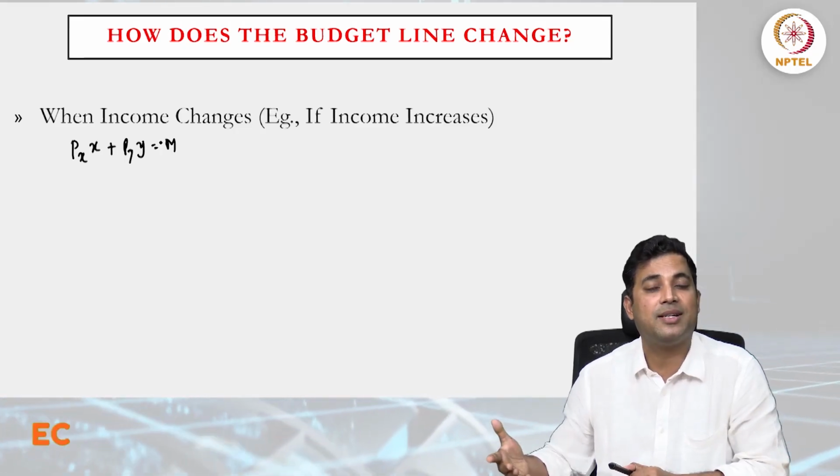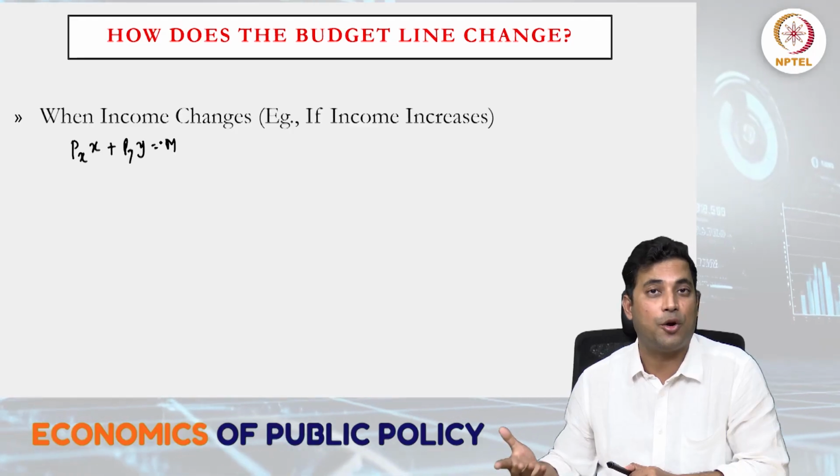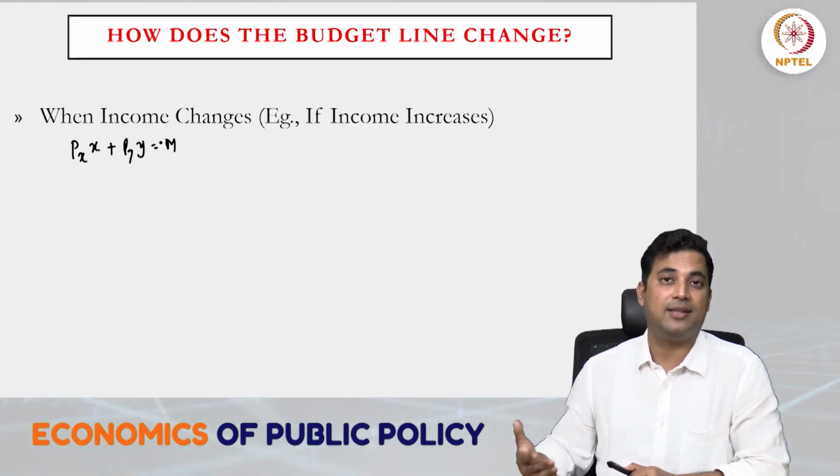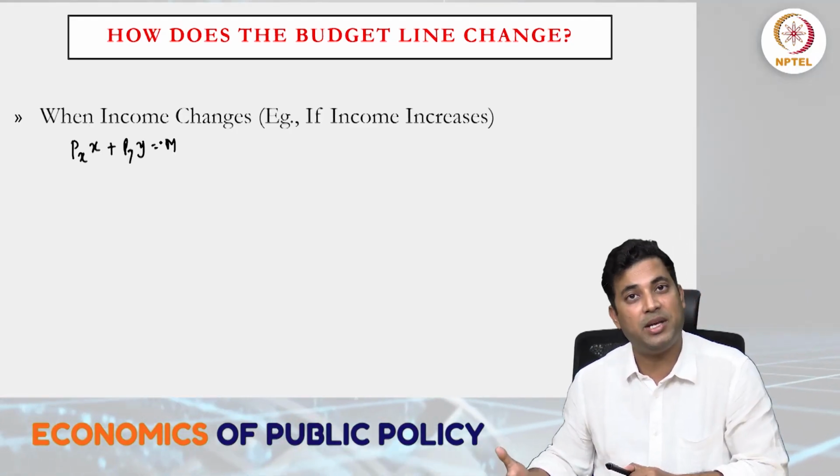If income increases, and if X and Y are normal goods, then any individual's tendency to consume more X and Y will also increase.